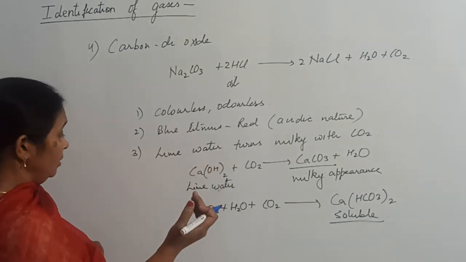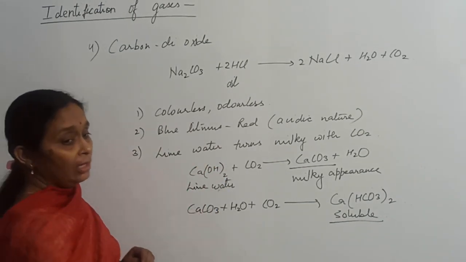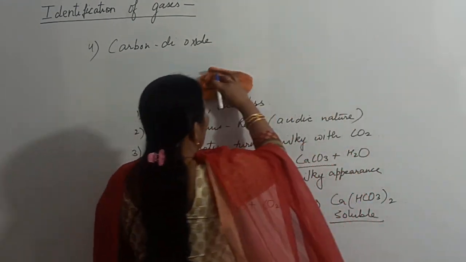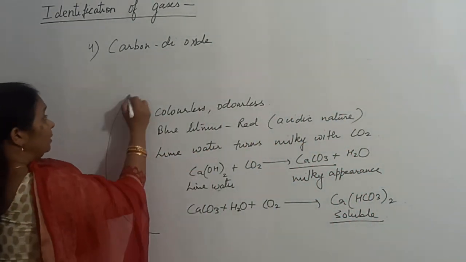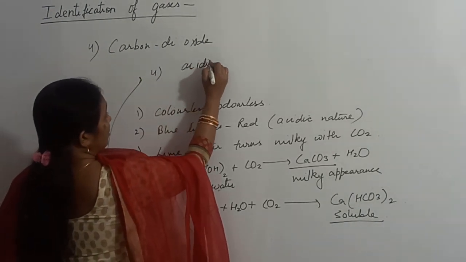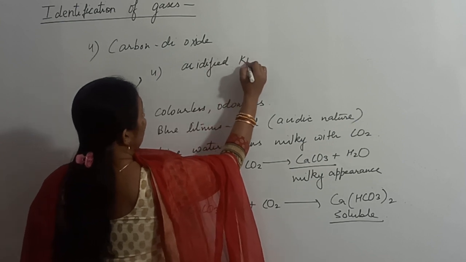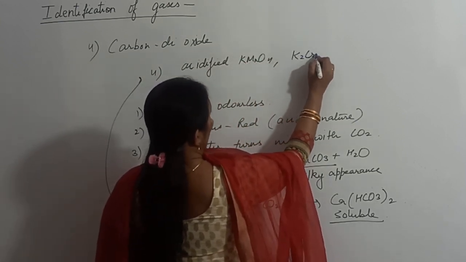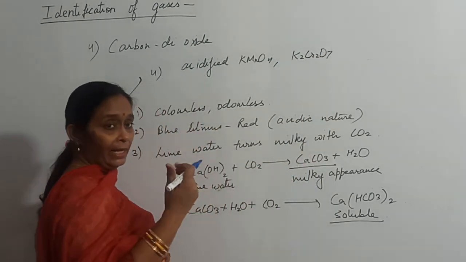So the fourth test of carbon dioxide is when acidified KMnO4, potassium permanganate, and potassium dichromate, K2Cr2O7 solution are taken.